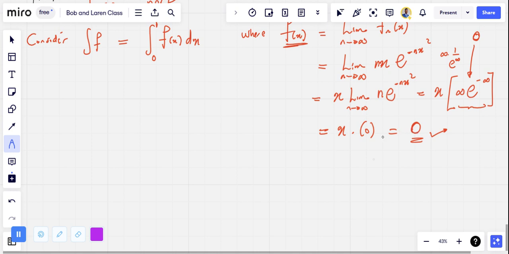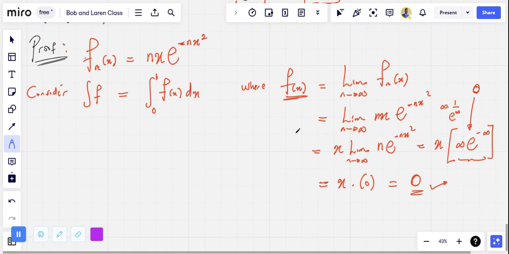But take note, not all pointwise convergence converges uniformly, because the converse is not true.